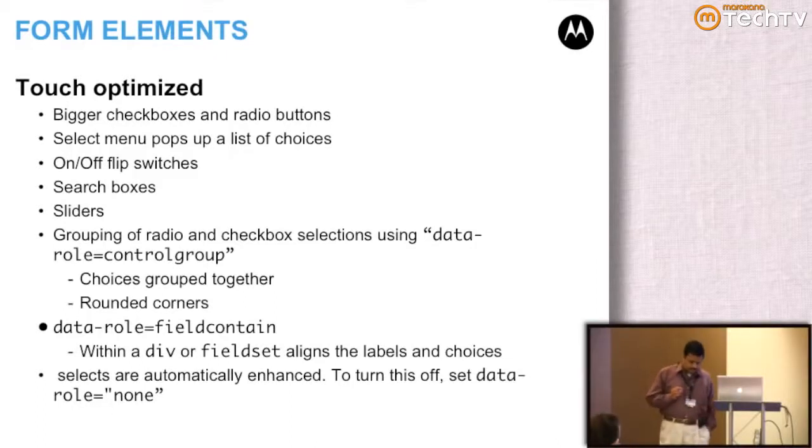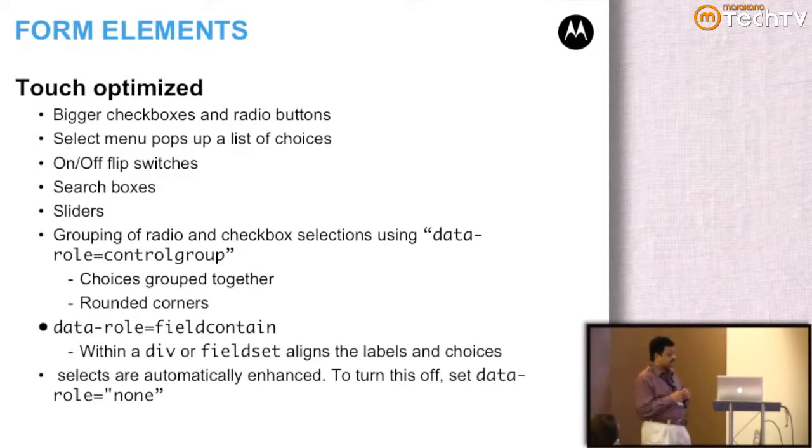One of the more common features of a web application or a mobile application is the ability for users to interact with your application through forms, and jQuery mobile has a lot of support for enhancing the look and feel as well as the behavior of forms, but compliant and conformant to the restrictions of a mobile device.